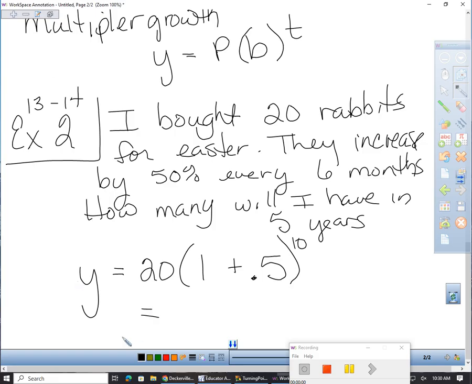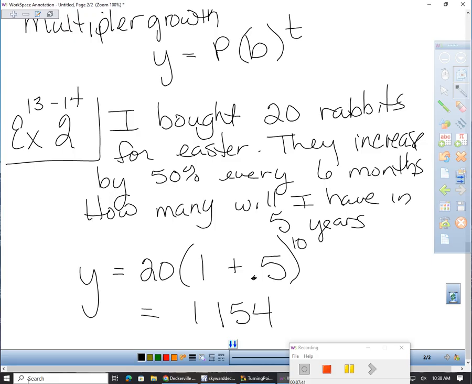How many did you get? 1154. Yep, very good. 1,154 wonderful bunnies. You have to round up because you can't have part of a bunny. You have to count the whole thing. Okay. That's right, or it wouldn't be considered a bunny, would it? All right.